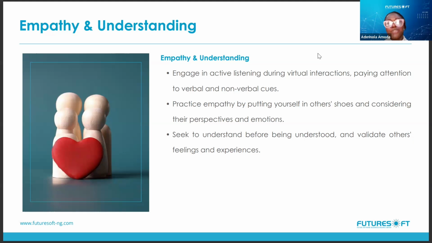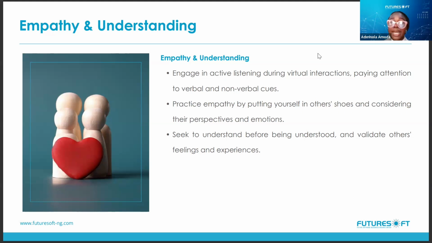Paying attention to both verbal and non-verbal cues will definitely boost your sense of empathy and understanding. When you pay attention to one, you definitely have a better understanding of what one is saying, and this will definitely be beneficial during virtual interactions.